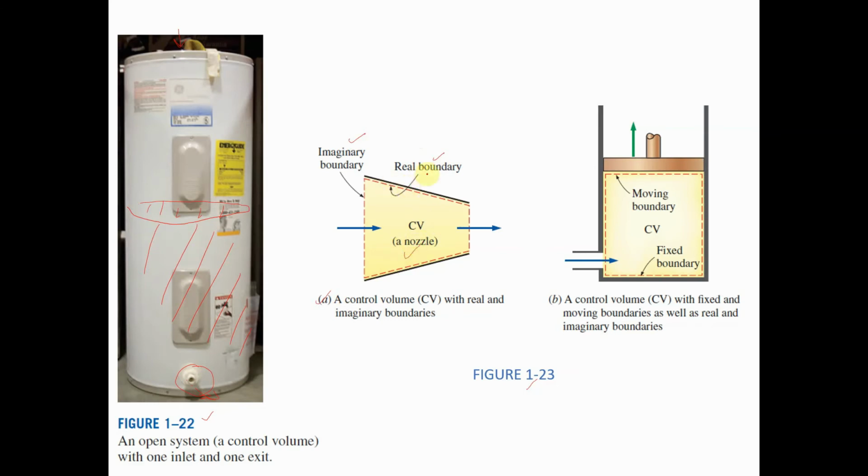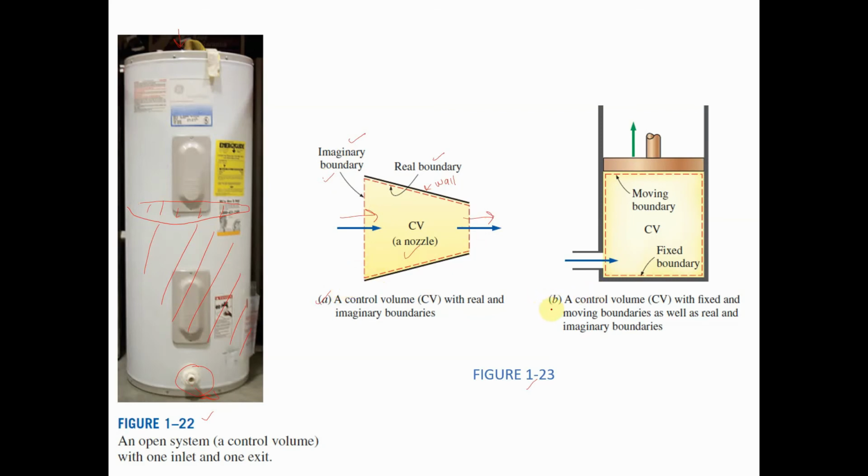The real boundary is related to something that's fixed, for instance, the wall of the nozzle. So the boundary is fixed already, but this is the imaginary boundary where the mass will go in and go out, and this is something that we can control. It can be either smaller or bigger depending on the volume that we want to control.